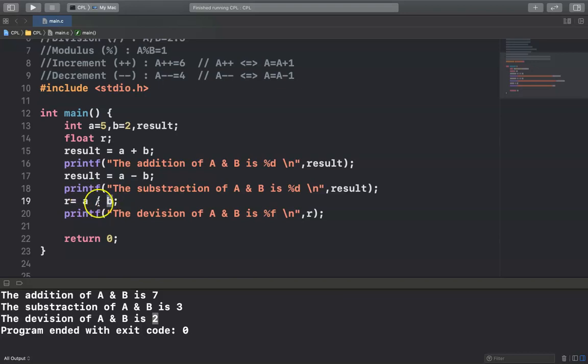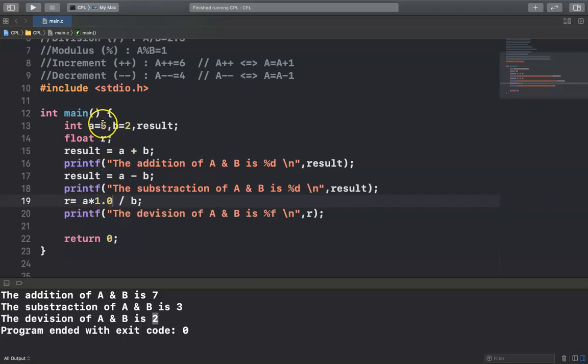If you want it to equal float, you should change A to float or B to float, because float divided by integer is equal to float, or integer divided by float is equal to float. To make A become a float, you can multiply A by 1.0.